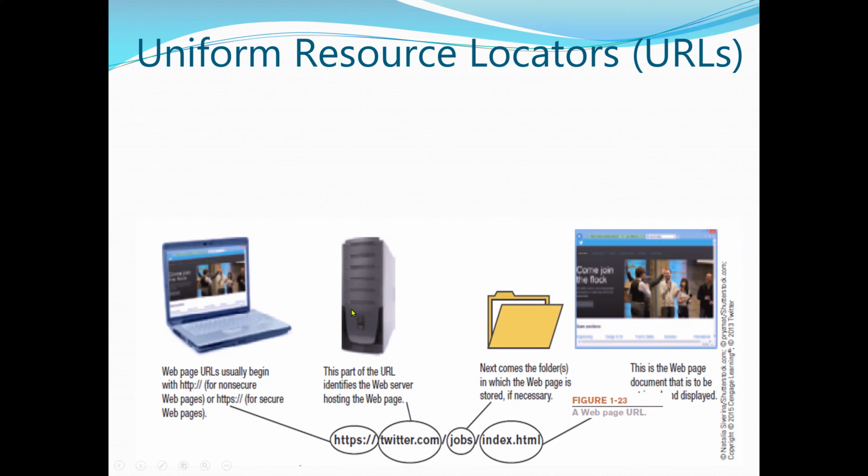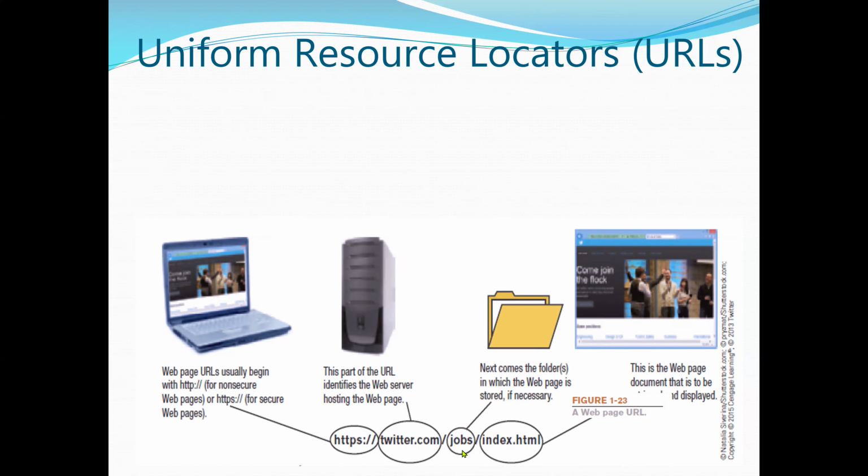For example, if the web server is Twitter, here is an example of our URL address to access this web page. First, we start with HTTPS, which identifies the protocol. Then next, twitter.com. This is where the web page is located. This part of the URL identifies the web server hosting the web page.